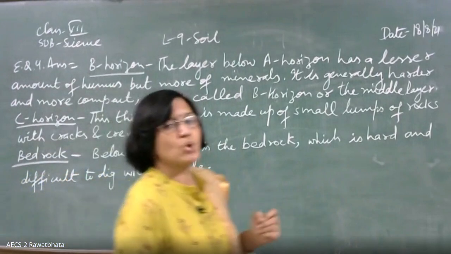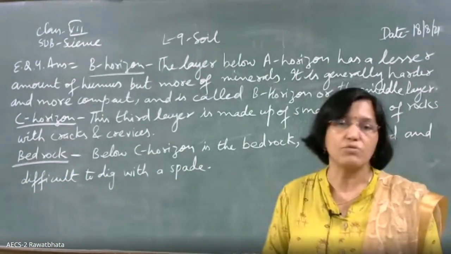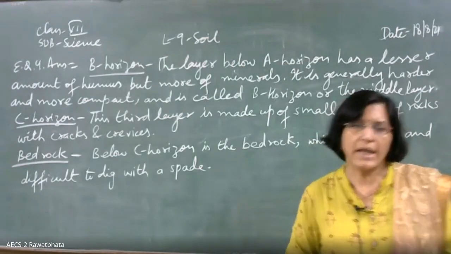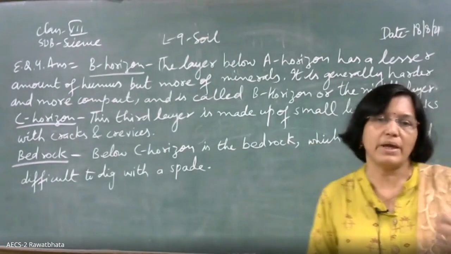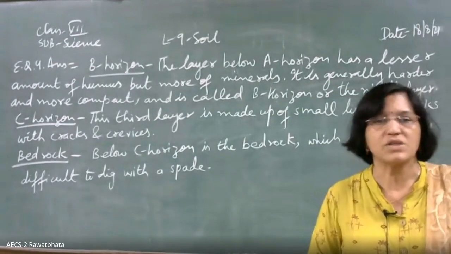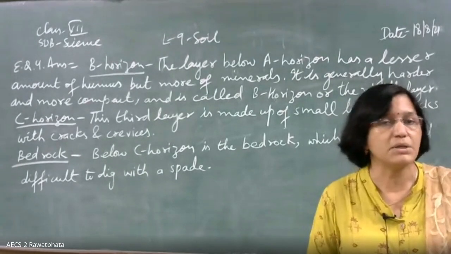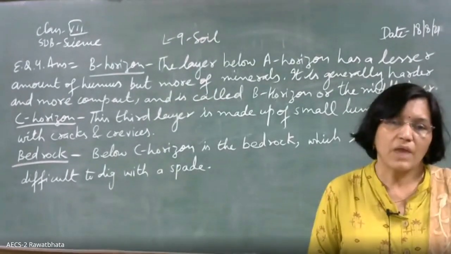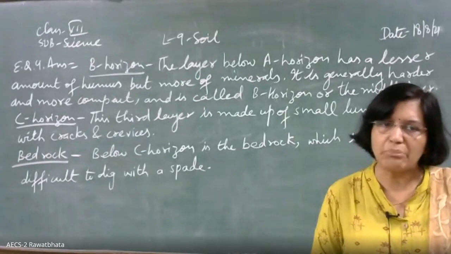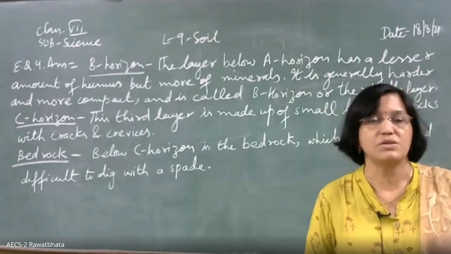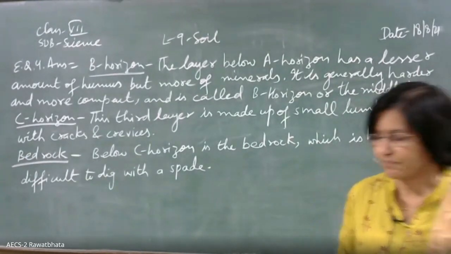So loamy soil all in all is the best out of the two. Clay soil in day-to-day life we call kali mitti. It has very smooth, very fine particles, and water holding capacity is too high.